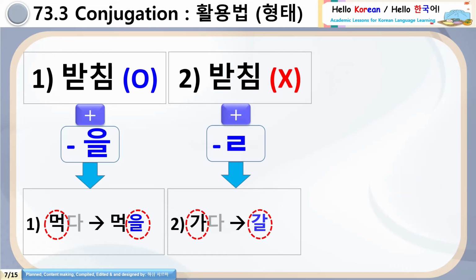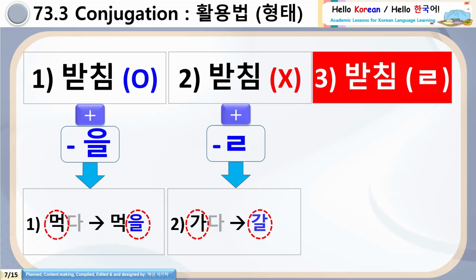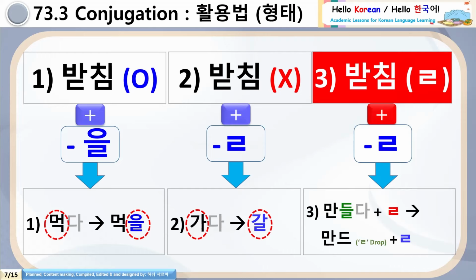And there is a third category. Please be very, very alert here with the la pachim words. See here, we have to add -l, but how? After dropping the la pachim. See number 3, mandalda. Mandalda has the la pachim and it is followed by -l. So what will happen? See here, step by step. See mandal here, followed by -l.